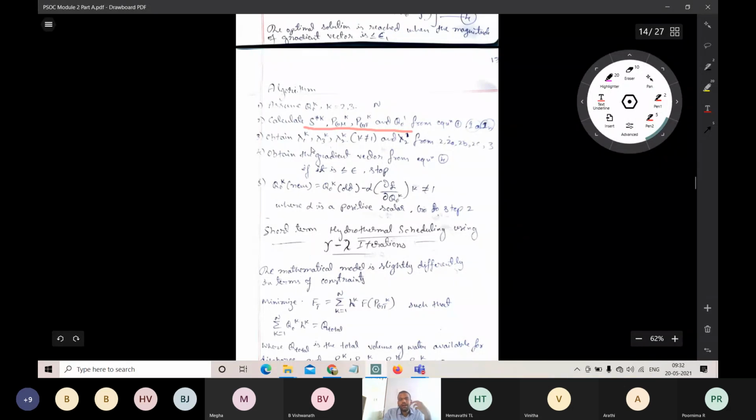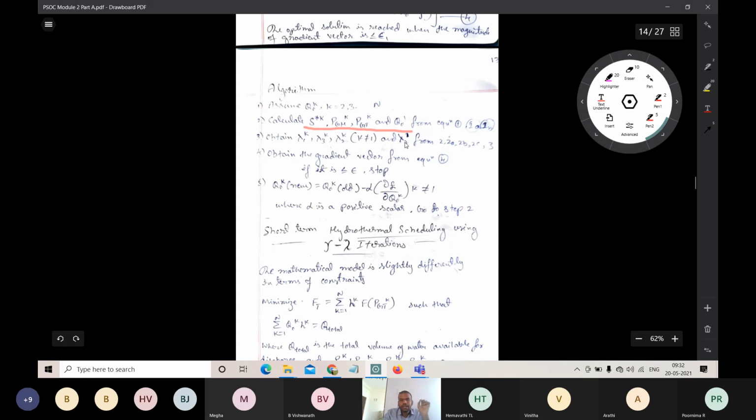Next, we have to minimize the production cost of thermal power generation, PGT, by using lambda 1k, lambda 2k, lambda 3k and lambda 2 dash, and by using equations 2, 2a, 2b, 2c and 3. So this is one more problem that we solved.